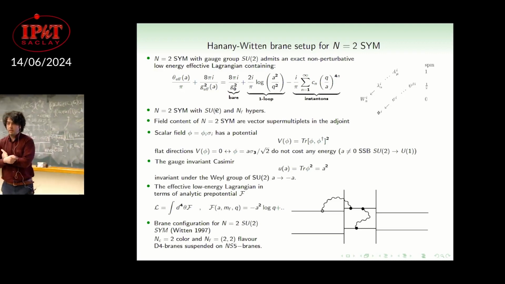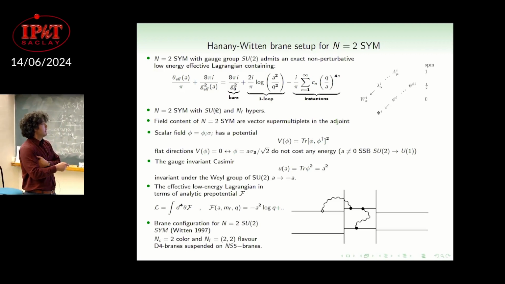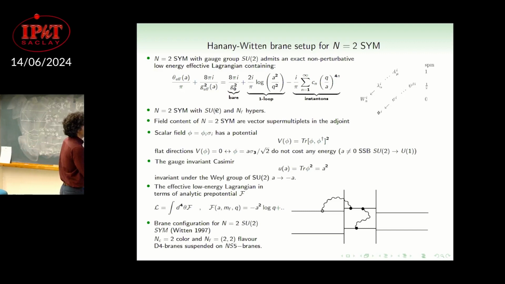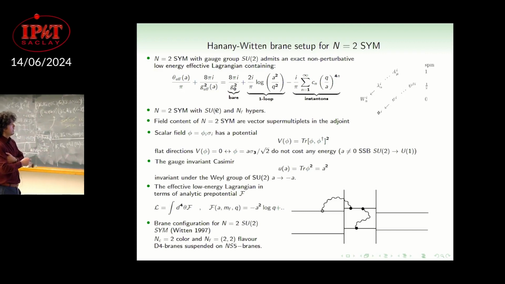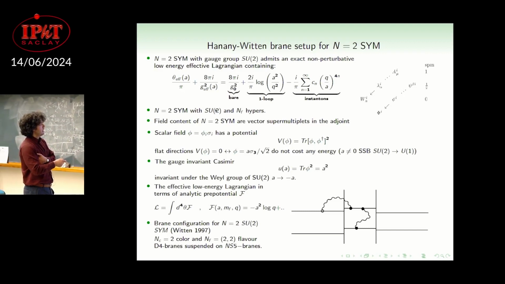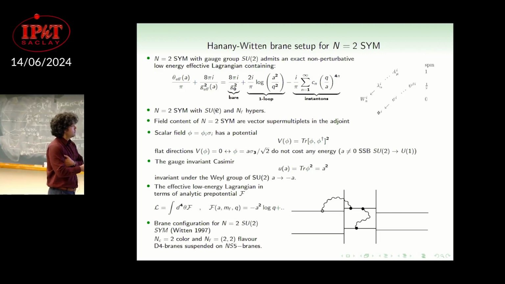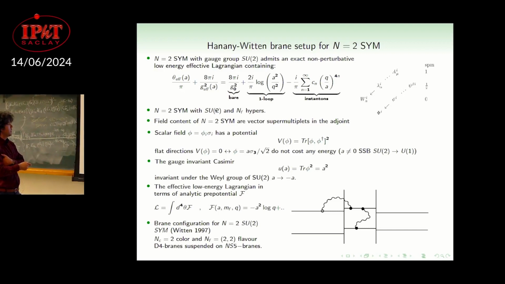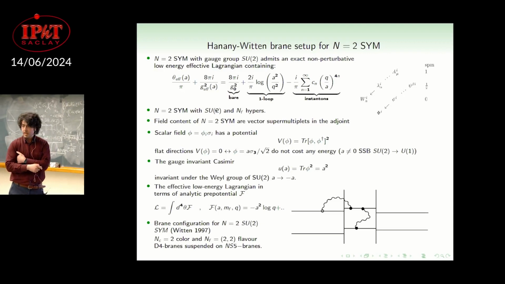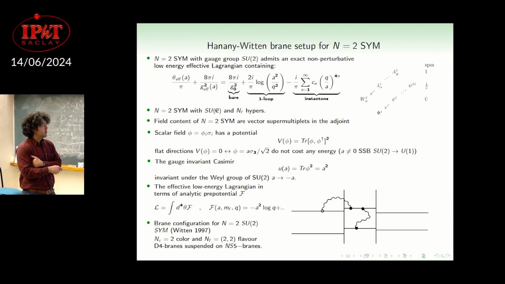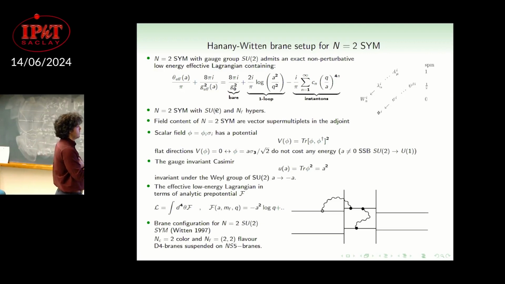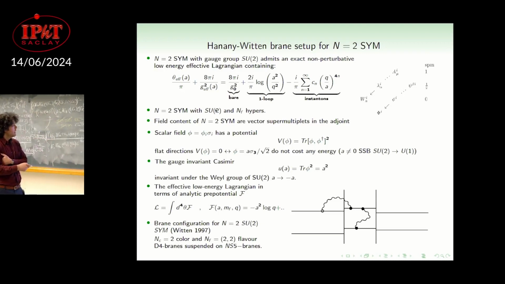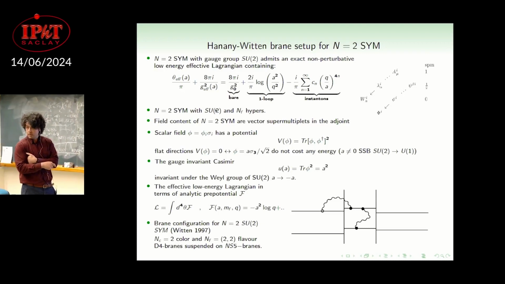Among the fields that are involved, there is also a scalar in the spectrum, and the scalar potential is this. And as usual in supersymmetric theories, the scalar potential has some flat directions. So you can choose some configuration of the scalar field that does not cost any energy. Here a is the vev of the Higgs field.